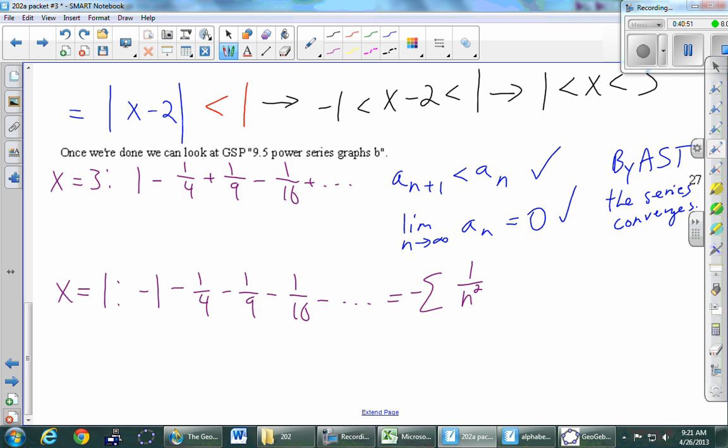And so we know this is a p-series with p equal to 2, technically the negative of a p-series. So p equal to 2, which is bigger than 1. So what does that series do? The series converges. And so the series converges at x equals 3 and also at x equals 1.